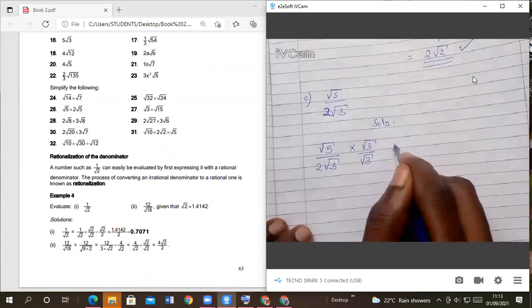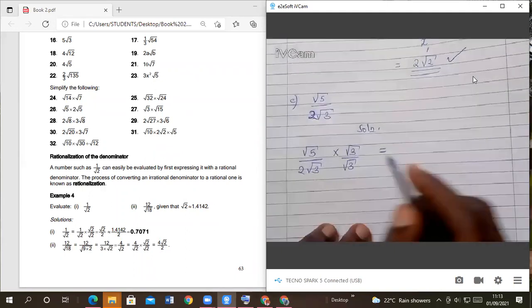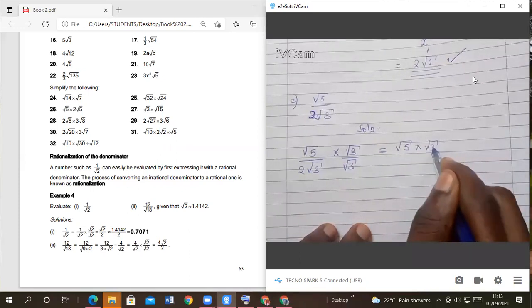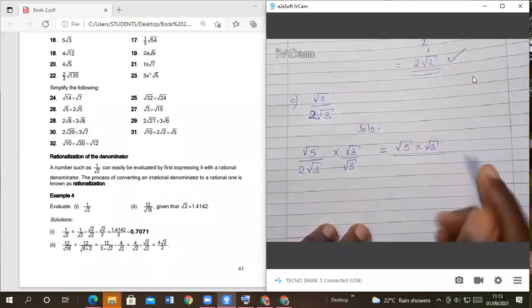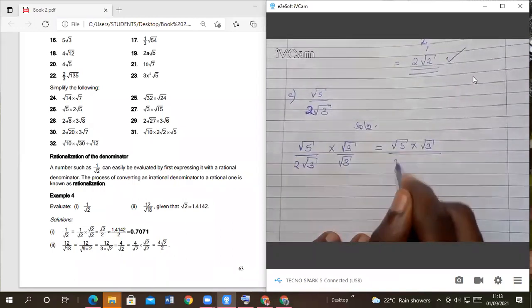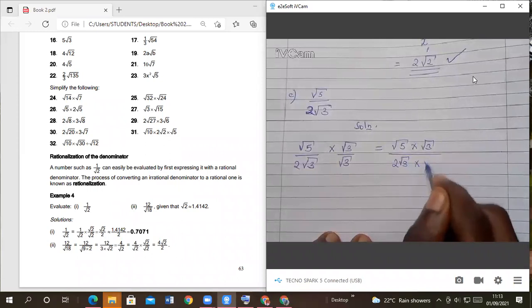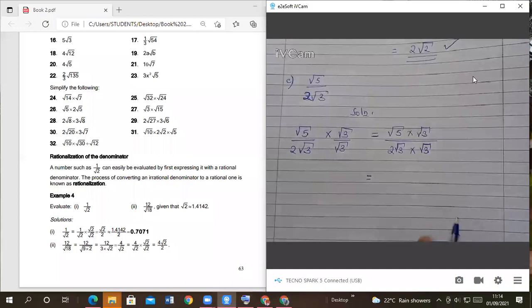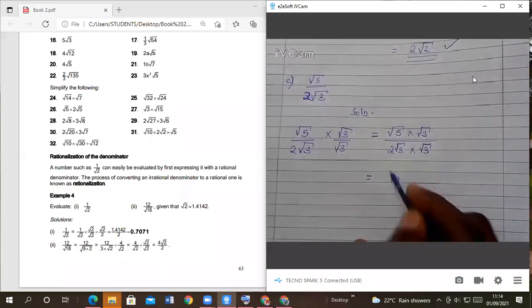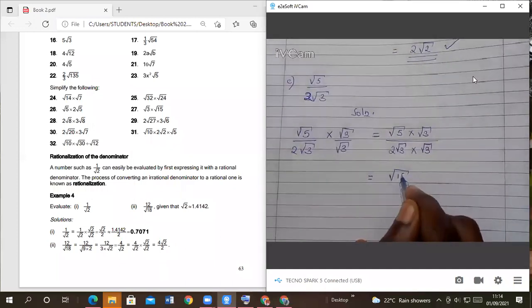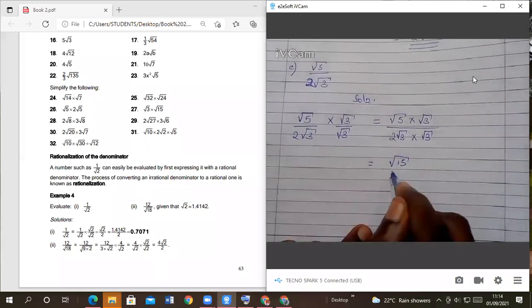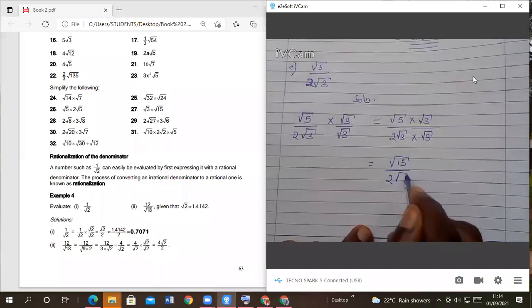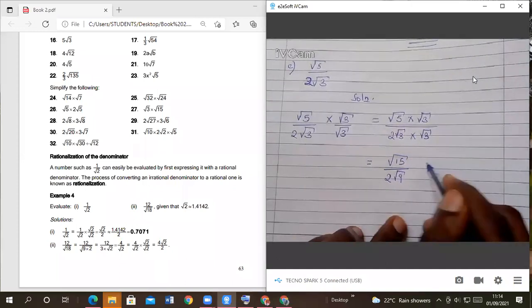So when you multiply that, what do we get? We shall have root of 5 times root of 3 over 2 root of 3 times root of 3. Root of 5 times root of 3 gives us root of 15, over 2 root of 9.